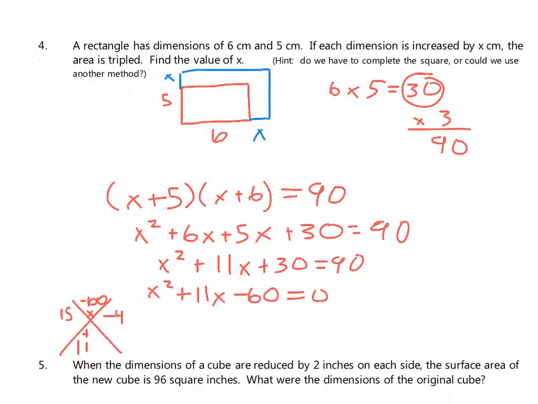If you're not sure, write out all the ways to make 60. 1 times 60, 2 times 30, 3 times 20, 4 times 15. That'll do it. So you can skip 5 and 12, and you can skip 6 and 10. Okay, the next step after that is we put it back into binomial form.